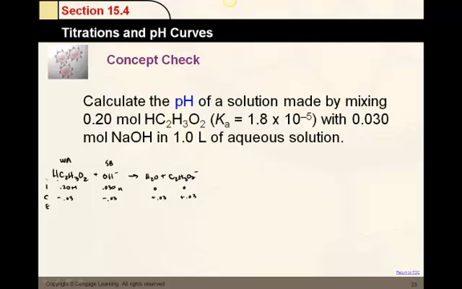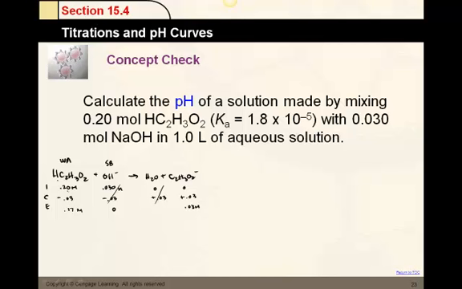So now we have 0.17 moles. We have 0 of this. We don't really care about this, so I'm not going to write it, although we'd have 0.03, which doesn't matter. And we have 0.03 molar. I shouldn't write moles, I should write molar for that one.